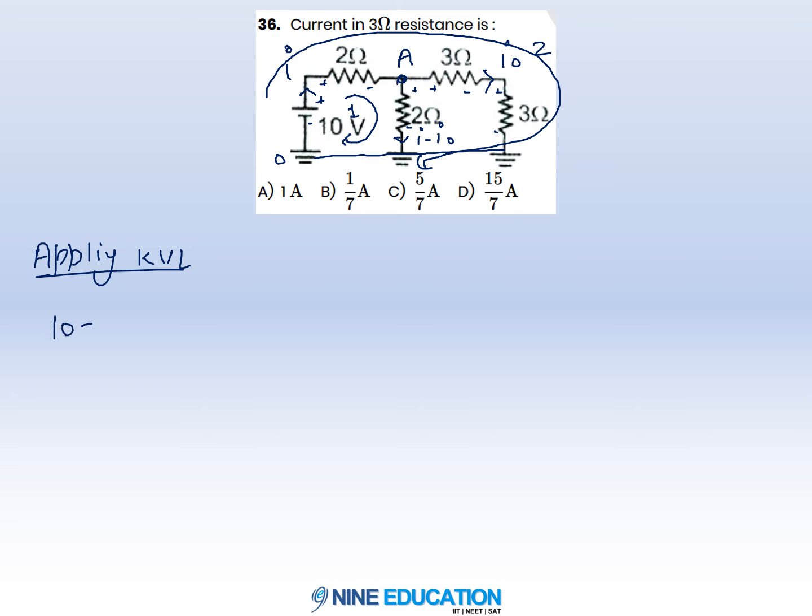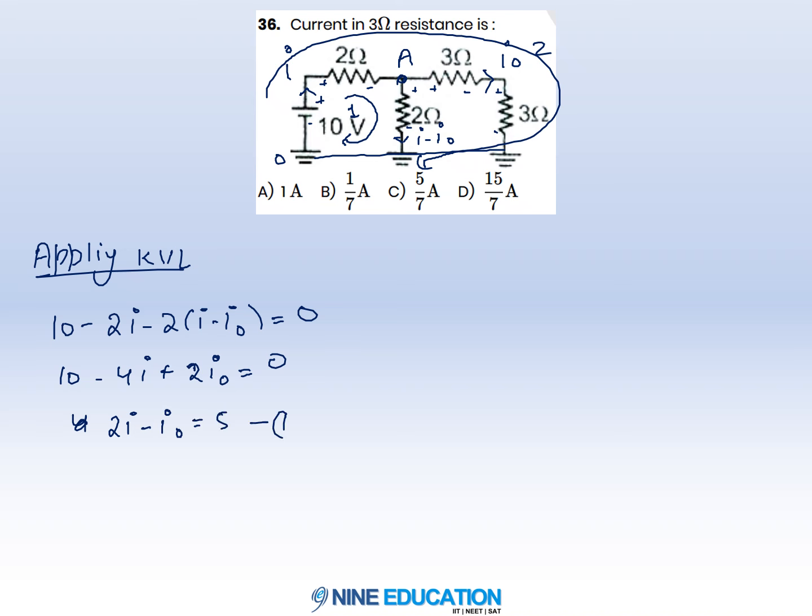So 10 minus 2i minus 2(i minus I naught) equals 0. So what we are getting, 10 minus 4i plus 2 I naught equals 0. So from here, 2 we can take common. So you will get 2i minus I naught equals 5. This is our equation 1.